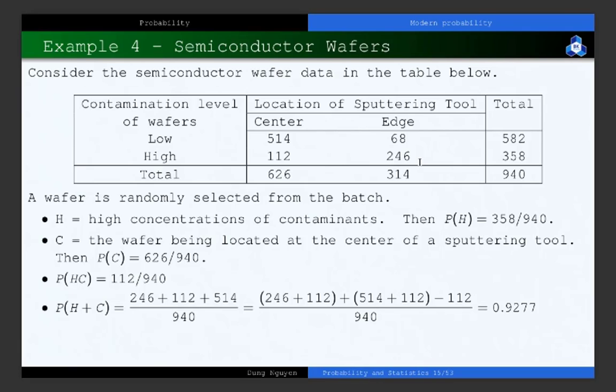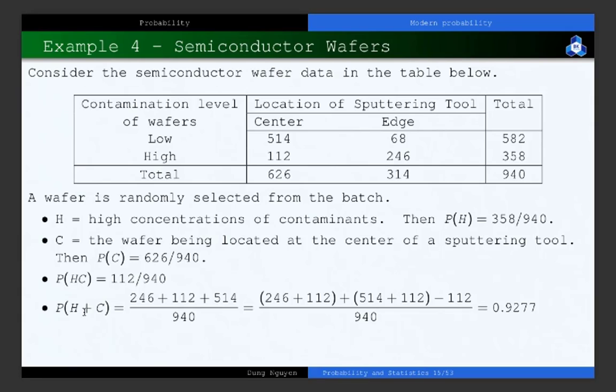Then the probability of C will be 626 divided by 940. Now the probability of intersection HC is the probability that the wafer is of high level of contamination at the center of the tool. So you get 112 divided by 940.